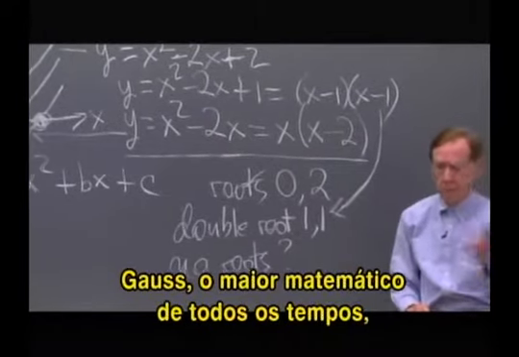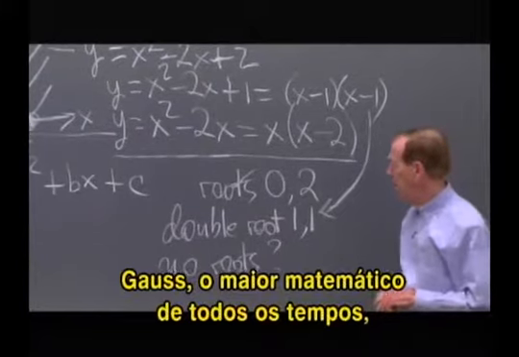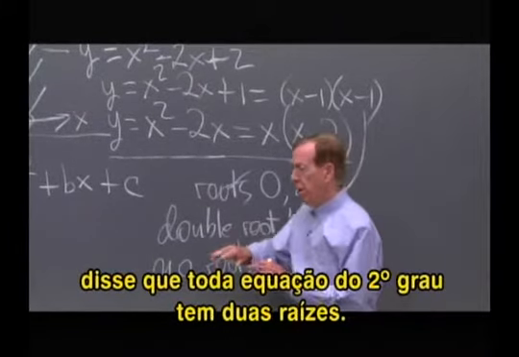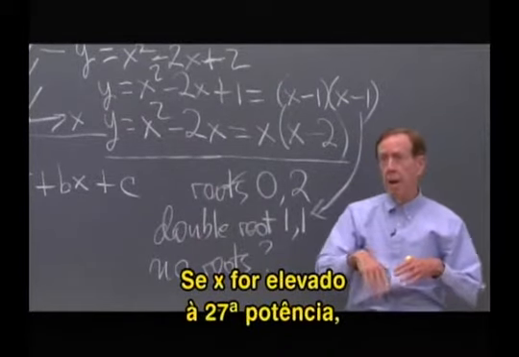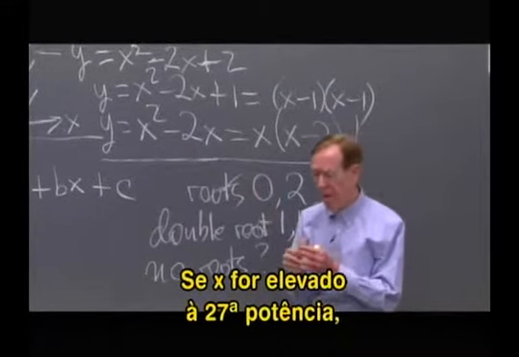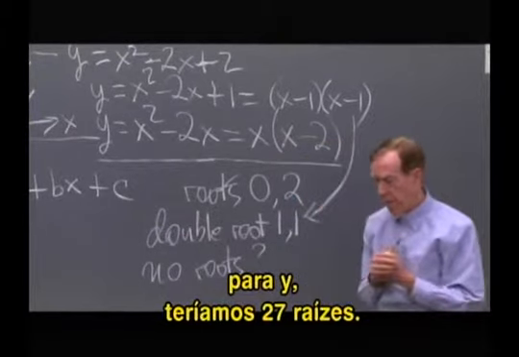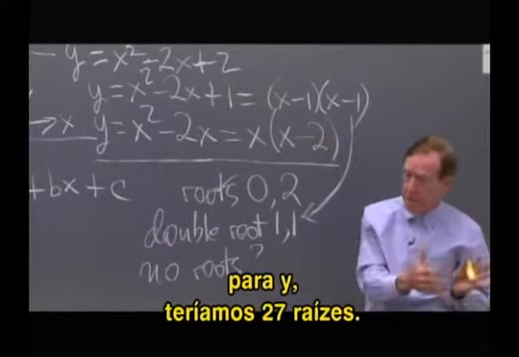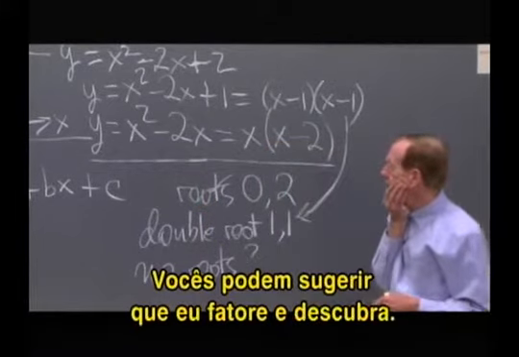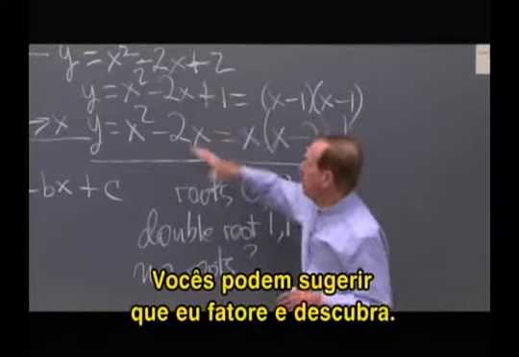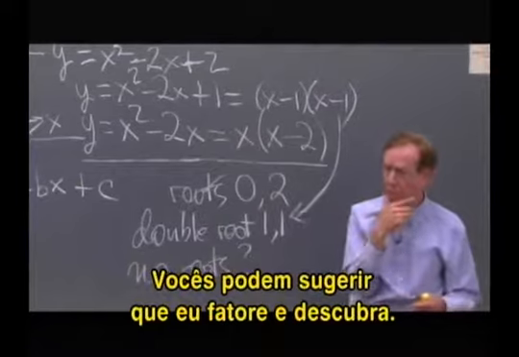Gauss, who was the greatest mathematician of all time, said that if we have a quadratic, it should have 2 roots. If we had x to the 27th, starting our y, there should be 27 roots. But where are they? Okay, and you might say, well, just factor and find them.